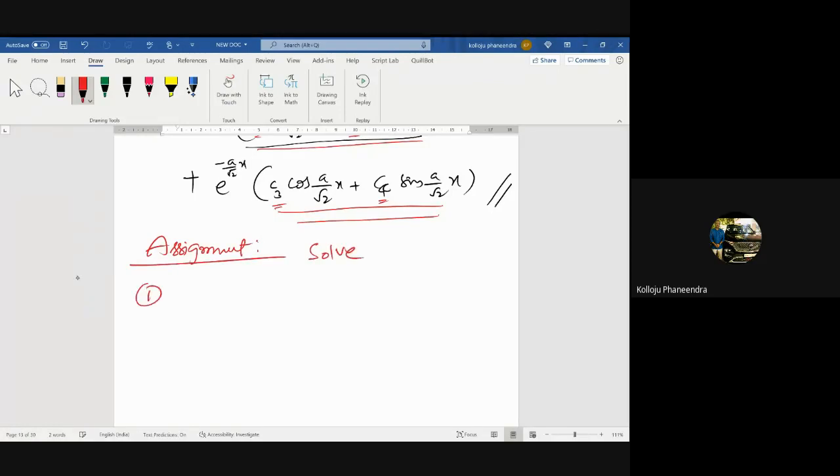Solve (D square plus D plus 1) whole square into (D minus 2) into y equals 0.